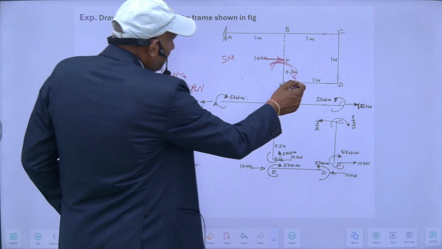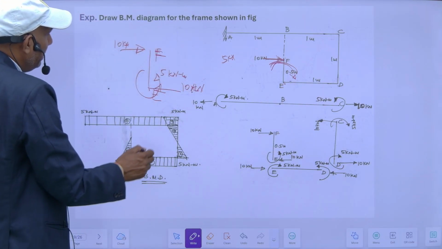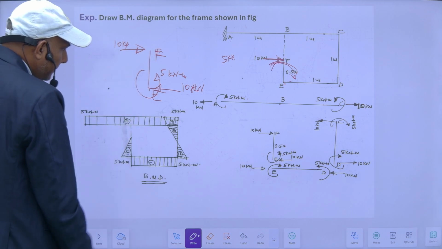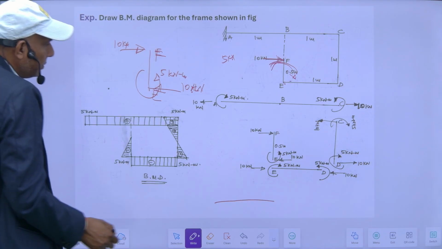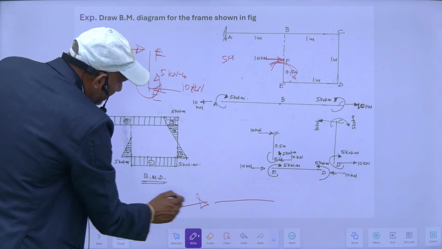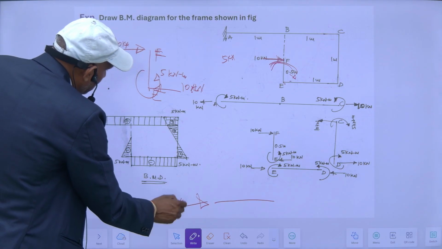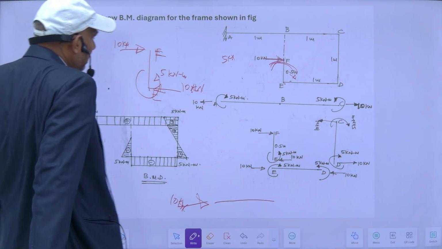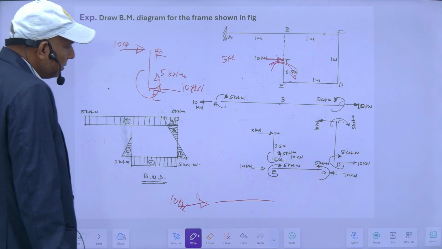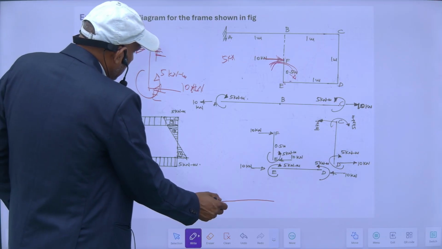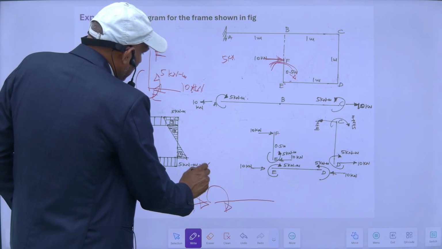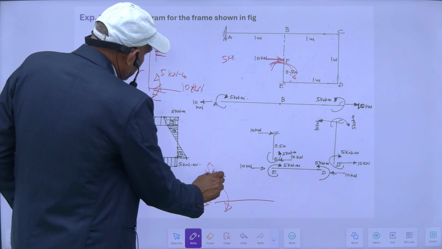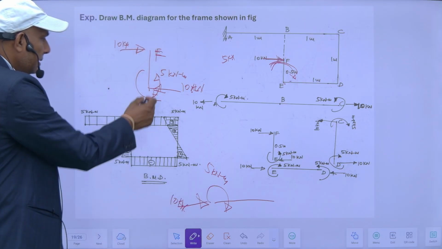For the ED portion, it will be like this. This is acting towards left, so this will act towards right, 10 kilonewton. This is anticlockwise, so this must be clockwise, 5 kilonewton meter, and no vertical load.